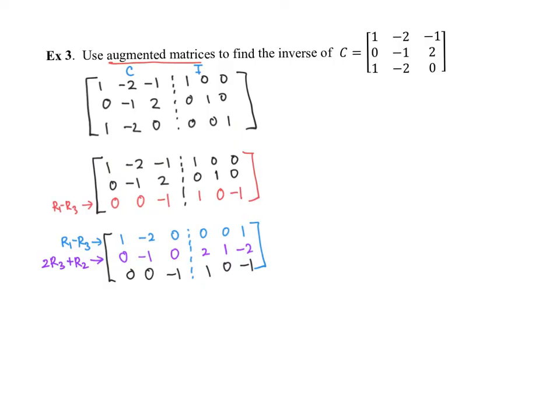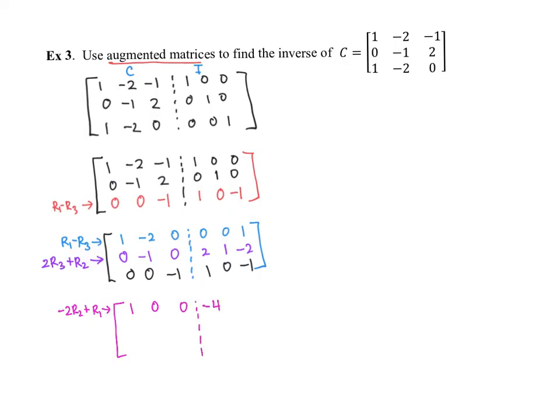Okay, let's see. I have zeros here, so my last move is to get a 0 here, which looks like maybe if I multiply the second row by negative 2, that might be a good way to do it. Second row by negative 2, and then cancel it with row 1. Okay, so that's 1. 2 minus 2 is 0. 0 minus 0.